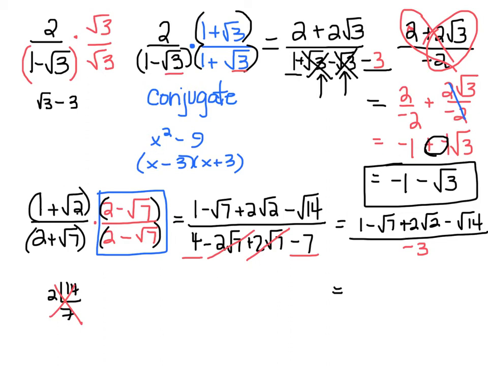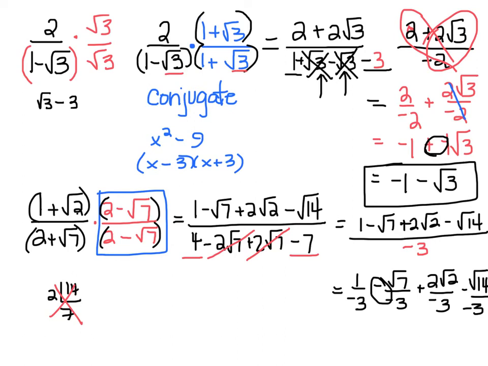If you wanted to, there are 1, 2, 3, 4 terms. Terms are separated by addition and subtraction, divided by one denominator. So I could do 1 over negative 3 minus radical 7 over negative 3 plus 2 radical 2 over negative 3 minus radical 14 over negative 3.